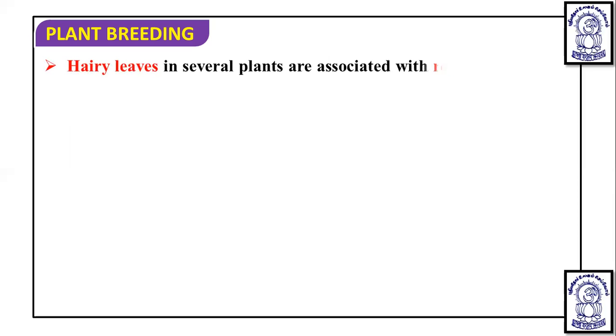If we talk about such characteristics, the presence of hairy leaves in several plants is associated with resistance to insects and pests. If hairy leaves are developed, the insects are not going to come nearby. Hairy leaves are a type of morphological defense or resistance to a particular pest.